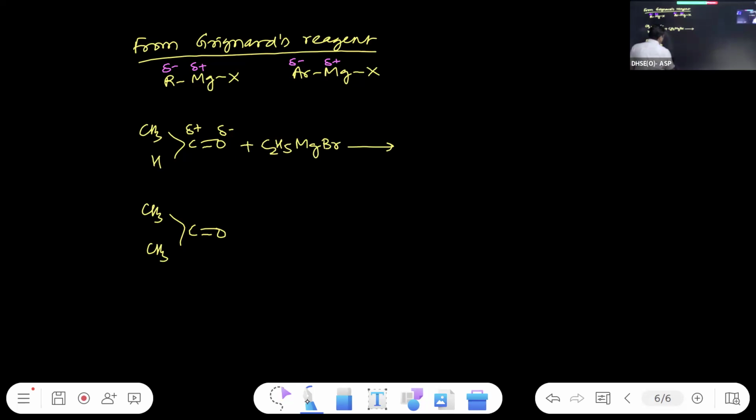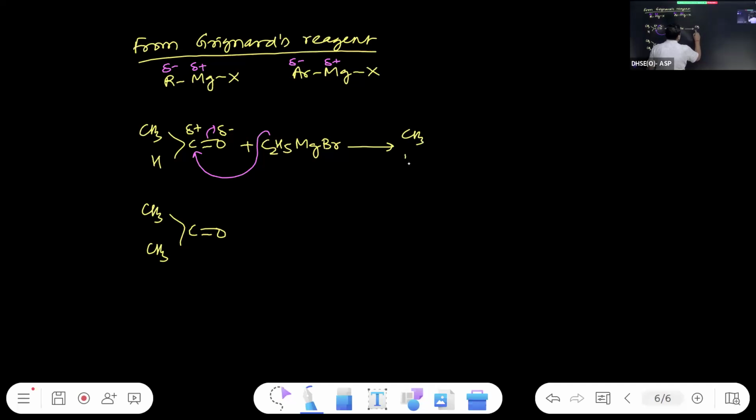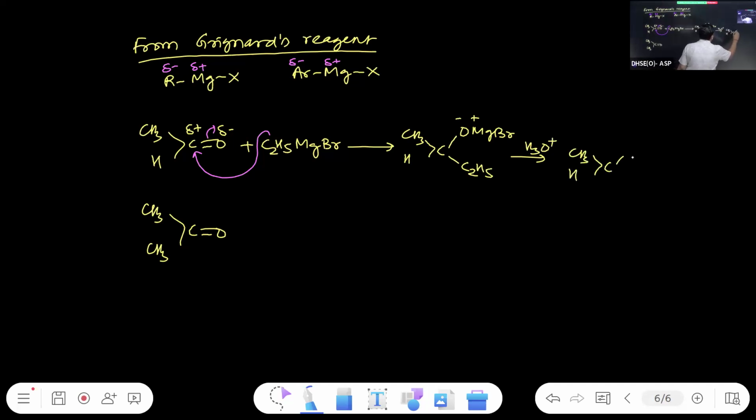In the first step, the intermediate forms; this is minus, this is plus. Then in the presence of water, this is a secondary alcohol.